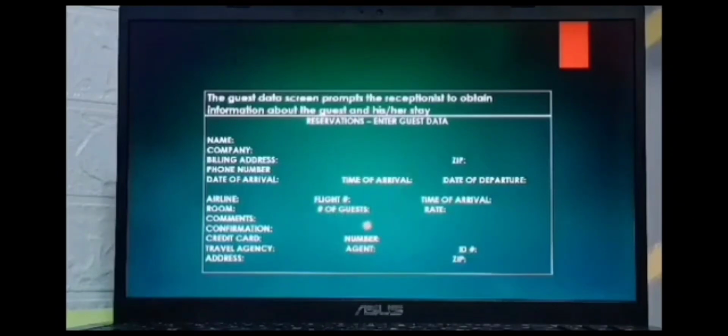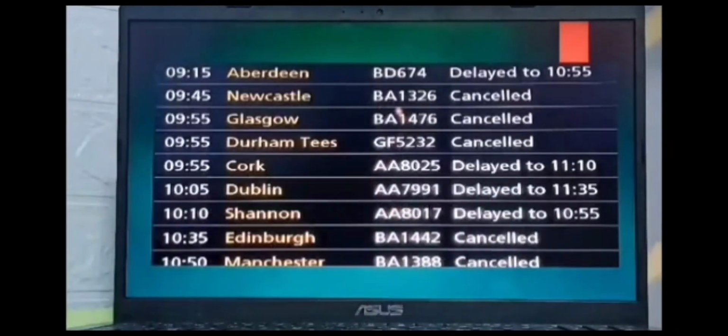So, yan. Dito, the number of guests and the time of arrival of your guest and the rate kung magkano yung nabayaran or yung babayaran. And as you can see, there's a flight na delayed from 9:15 to 10:55, and also they have a flight number that is cancelled.